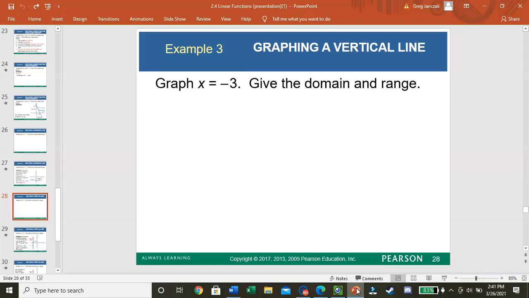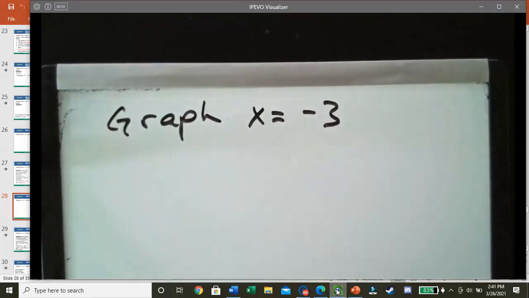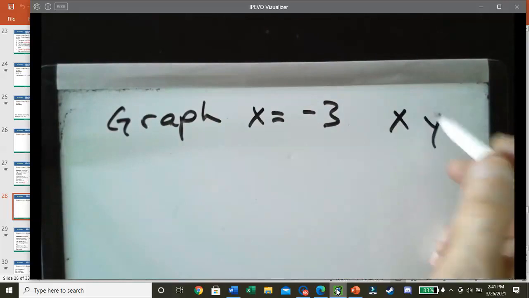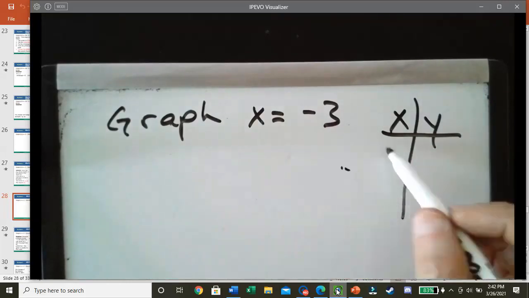All right. We want to graph x equal to -3 and give domain and range again. Okay. So there's no y this time, right? Or f of x. So again, we can use the table of values. Now, where's that -3 going to go, under the x or the y for our table? X, right?